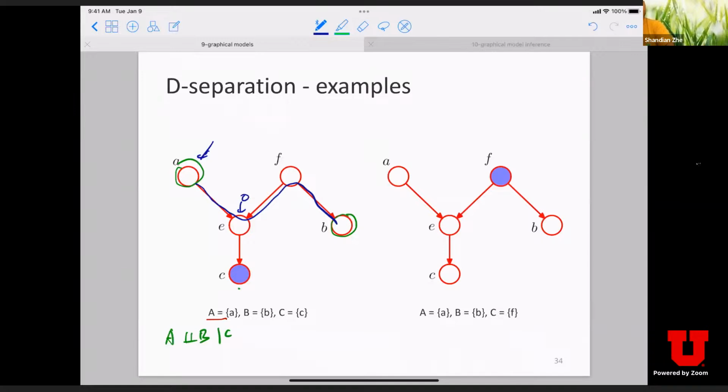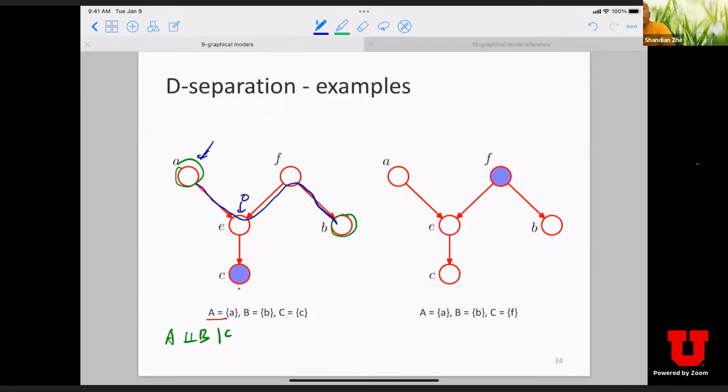Now, what can we observe? What kind of basic case do we have? It's head-to-head, right? So head-to-head is blocked only when its descendant is not conditioned or is not shaded, right?